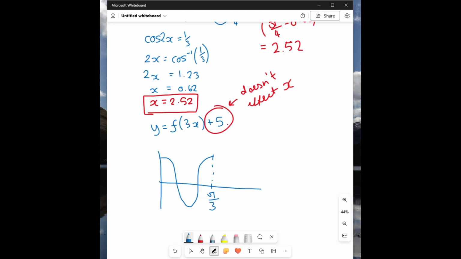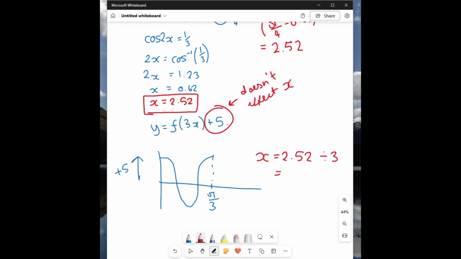And then for the plus 5, all my y values will go up by 5. As I said, I'm not really interested in that. That doesn't affect what x is. So basically, on my original graph, it's now going to be divided by 3 because it's been squished by a scale factor of a third. So that x of 2.52, I just need to divide that by 3.